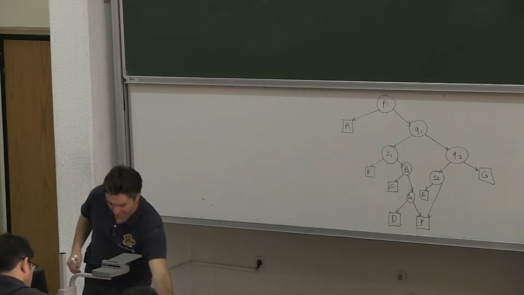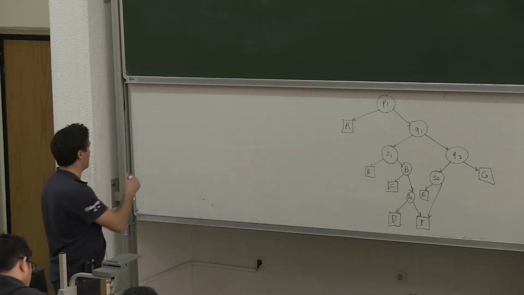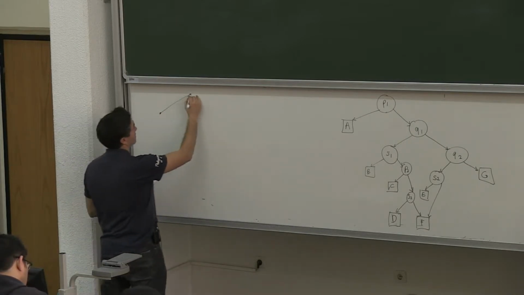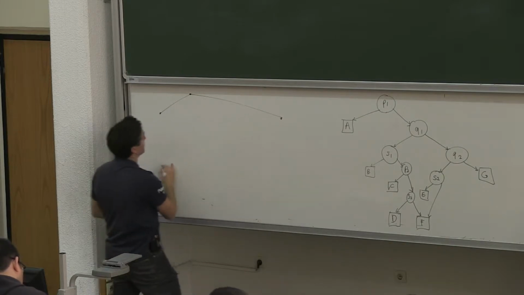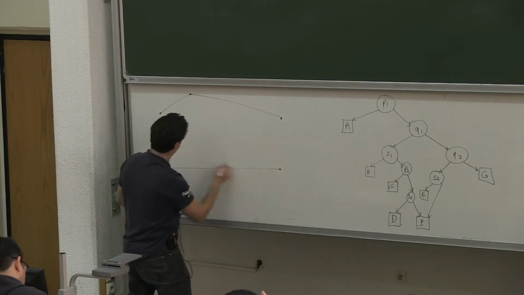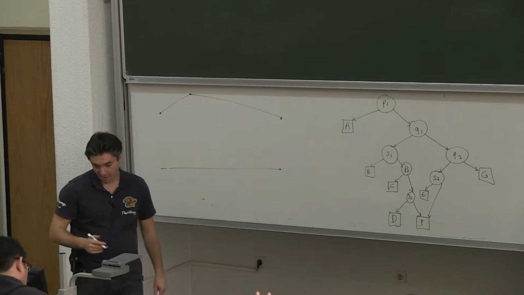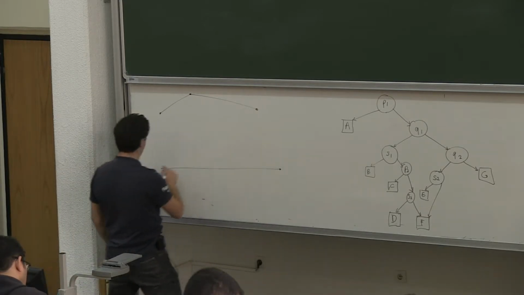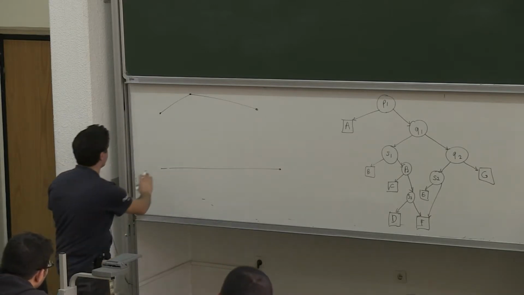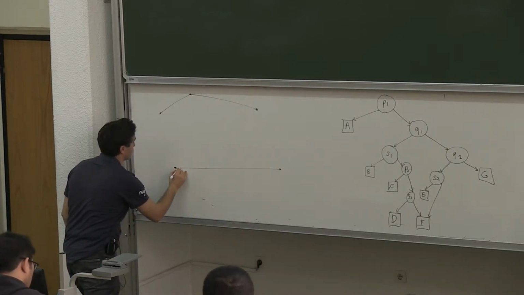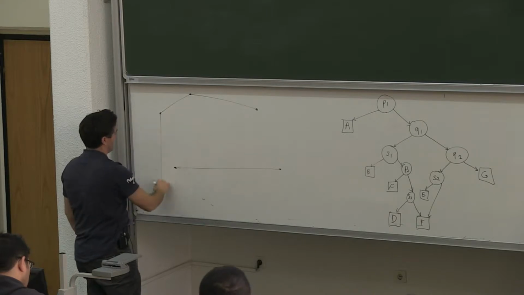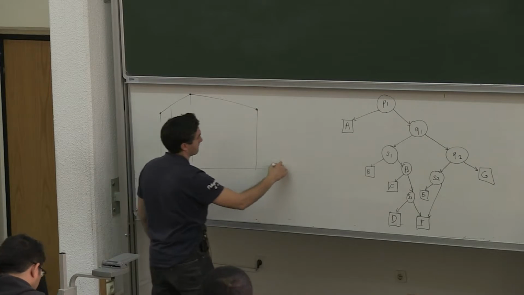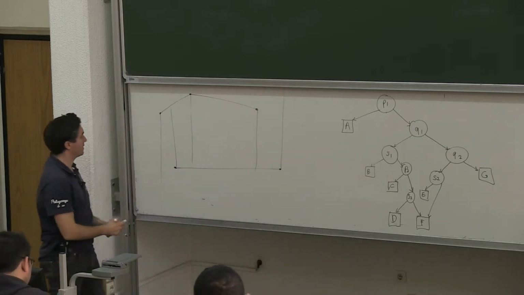Imagine we have an existing set of trapezoids. These are the two line segments. This is the other line segment, and let's have this shorter one. These are my linear extensions.